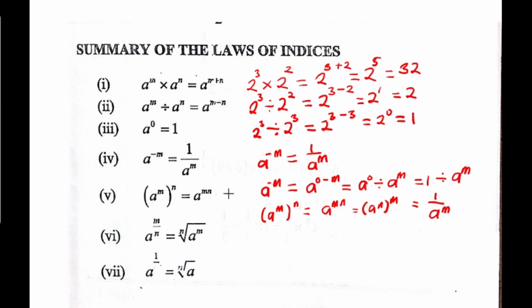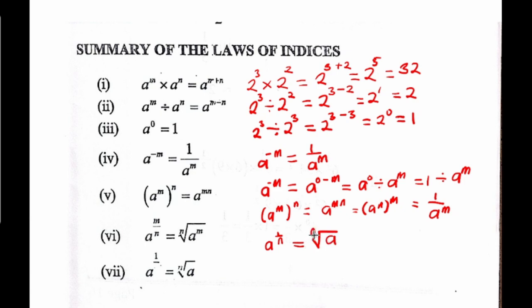So for this sixth one, let's do the seventh one first. For the seventh one, it says a to the power of fractional power 1 all over n is also written as the nth root of a.